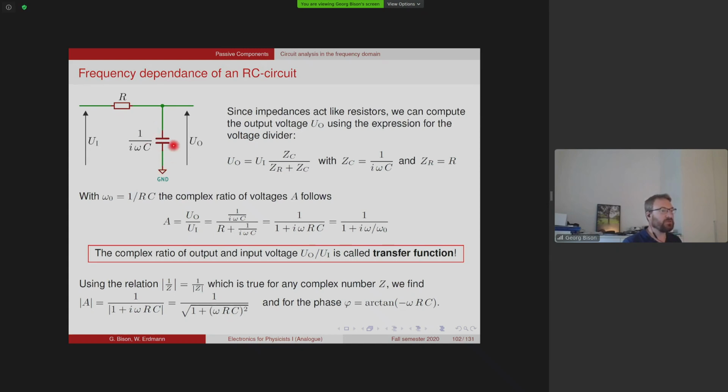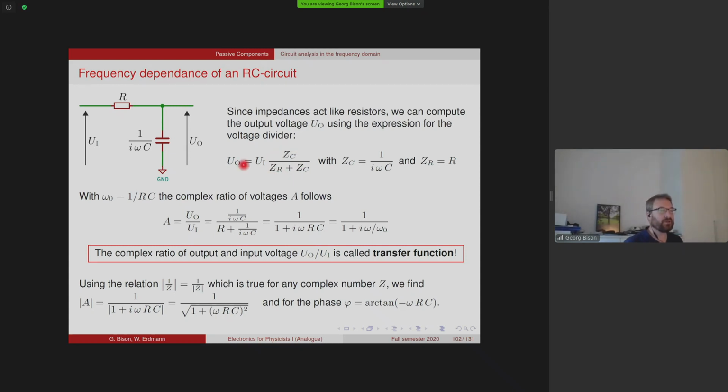So if this would be a resistor, it would be easy to calculate that this is a voltage divider, which simply gives an output voltage that is a fraction of the input voltage. Now, if we treat this as a complex impedance, we can use the formula for the voltage divider also with the complex impedances. And this allows us immediately to write down that the output voltage is the input voltage times this scaling fraction here.